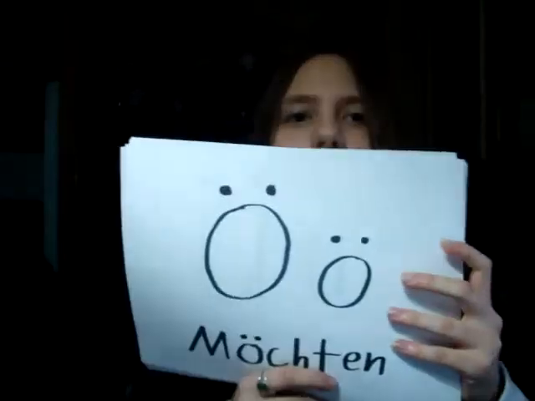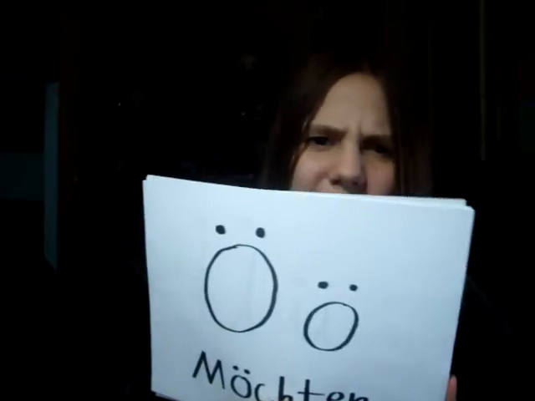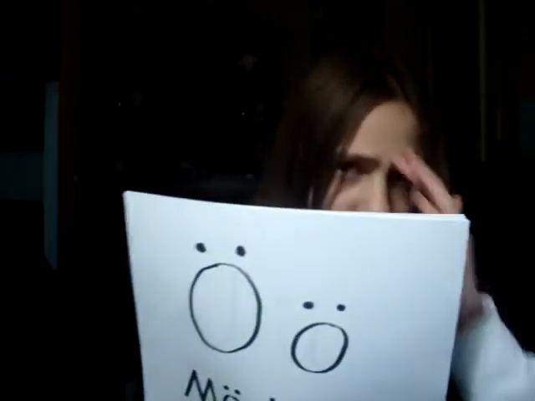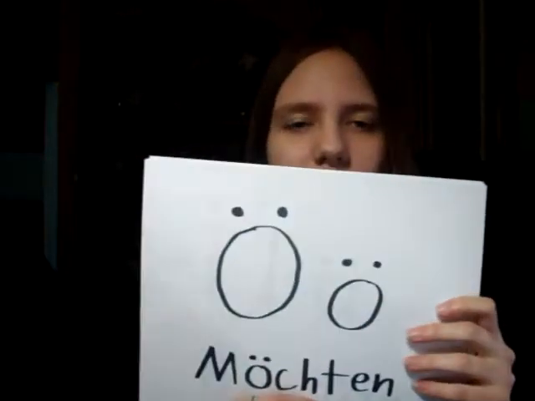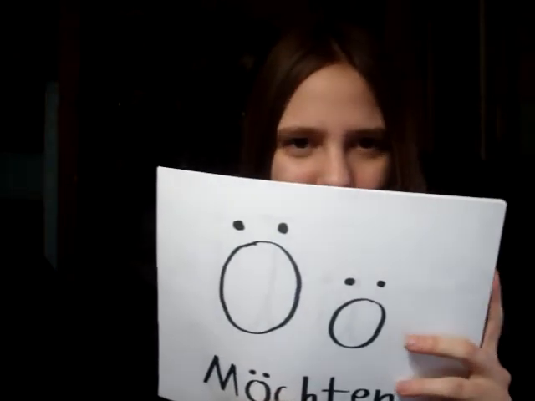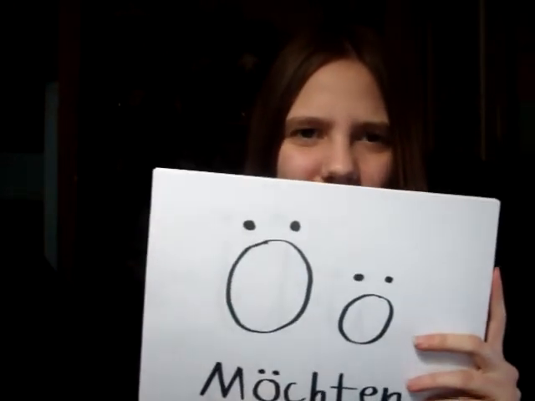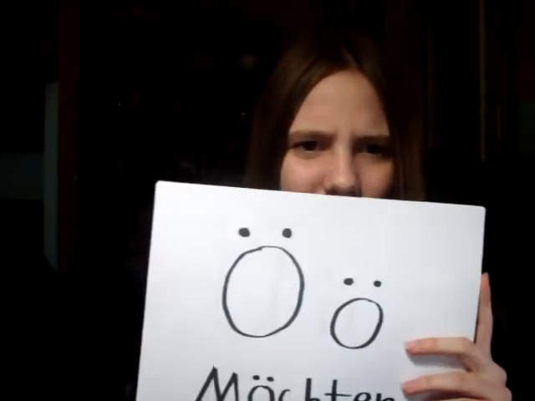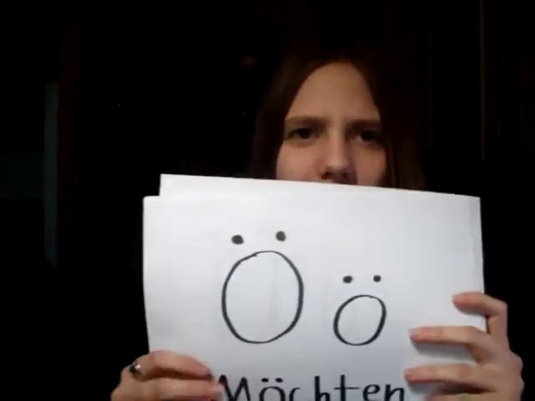Okay, second one, O umlaut. This one's a bit trickier, as is the U umlaut. I have trouble pronouncing them occasionally, so my German teacher has a good way to learn how to pronounce it.